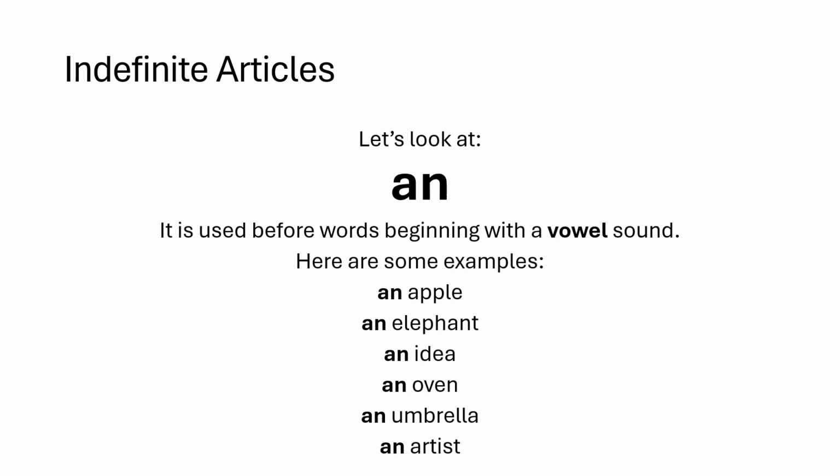Let's look at an. It is used before words beginning with a vowel sound. Here are some examples. An apple, an elephant, an idea, an oven, an umbrella, an artist.